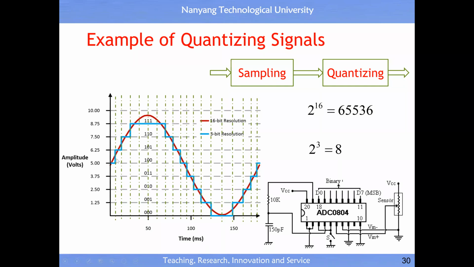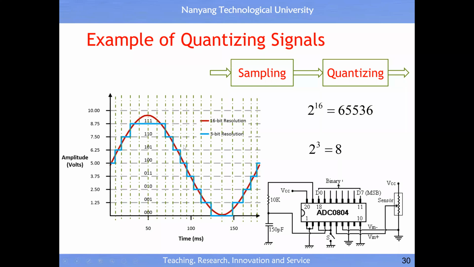I use a very close digital number to represent it. If the closest one is 100, then use 100 to represent this value. And in this case, if the closest digital number to this analog value is 111, then I use 111 to represent it.